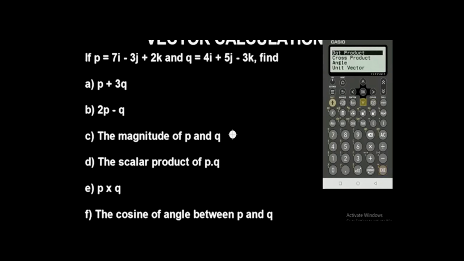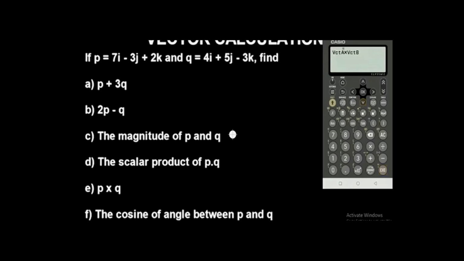This time I want cross product, vector A and vector B. Catalog, okay, vector B. So that's it, guys.